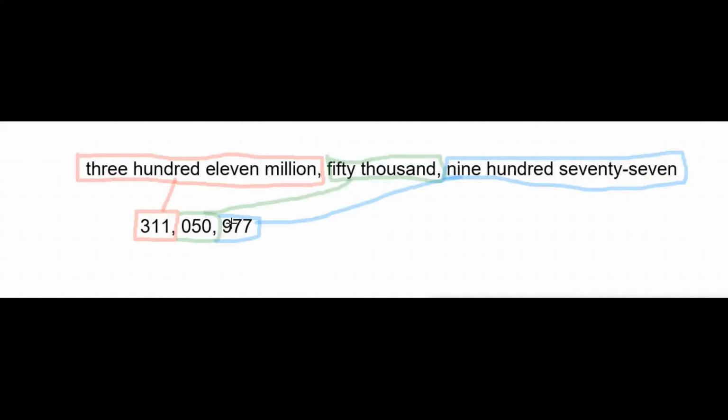And then this one is the hundreds period. I think some people call it the tens or the ones, but I call it the hundreds, and this is the thousands, and this is the millions. And so you just write it out, 977. So there you go. Also notice that anytime you've got anywhere from, I think it's 21 to 99, you always need to put a hyphen when you write it out. 77, 65, 43, 32, whatever.